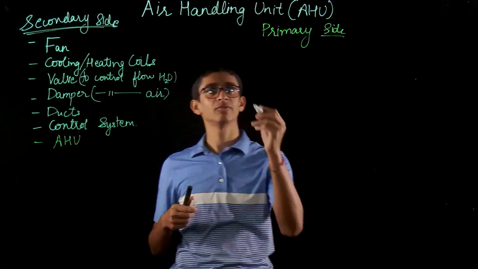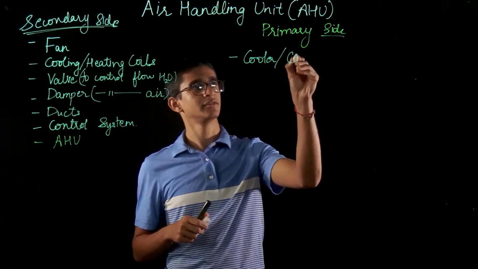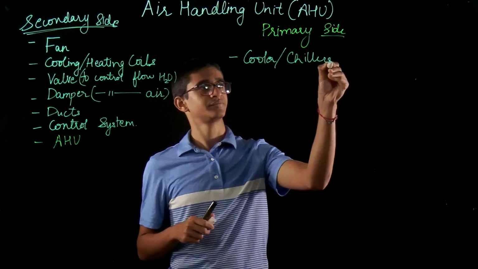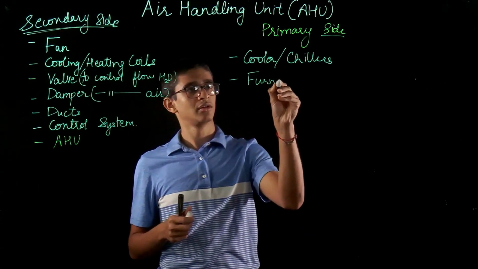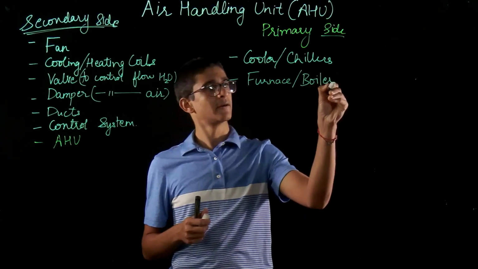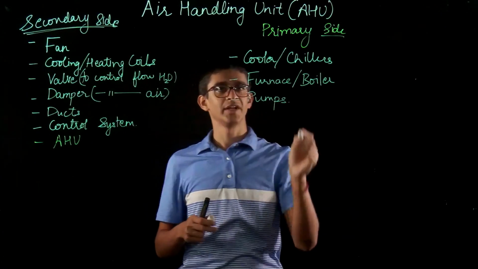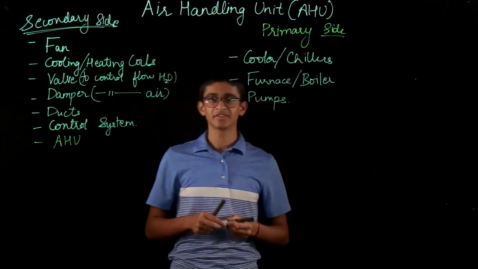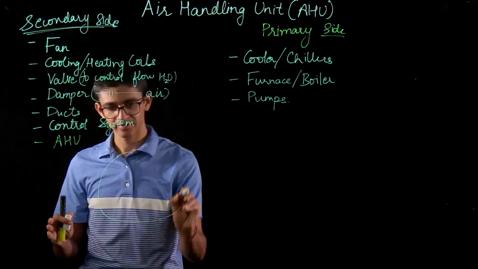While on the primary side, what we have are coolers or chillers, then furnaces or boilers, pumps, and such.